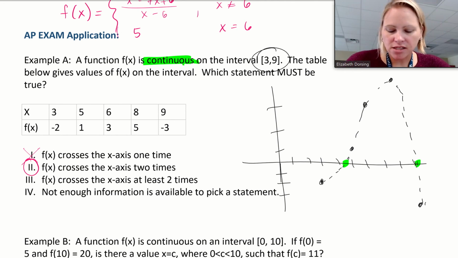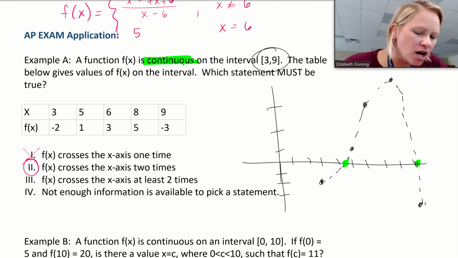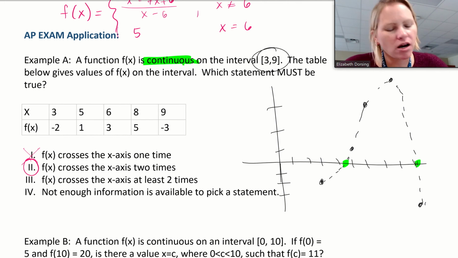F of x crosses the x-axis at least 2 times. Now, that makes me question why I circled 2. Am I sure that it's exactly 2? Well, let's take a look. If I cross exactly 2 times and I'm given points like 3, 5, 6, 8, and 9, and the corresponding y values, I'm missing some y values in there, aren't I?